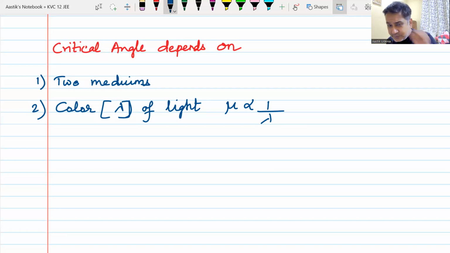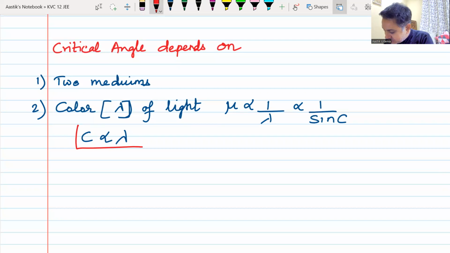But we also know that mu is equal to 1 by sine C. Therefore, sine C, or the critical angle C, is directly proportional to lambda. If the wavelength is more, the critical angle will be more. Do we understand this? Simple things.